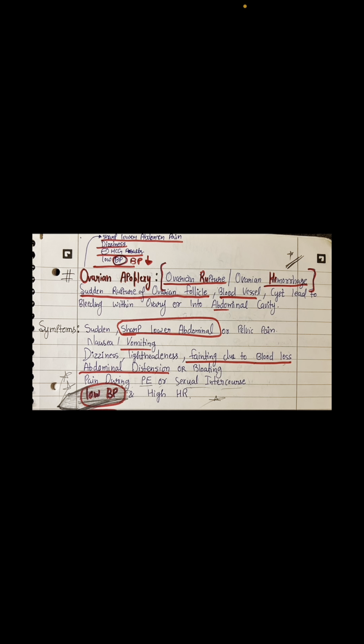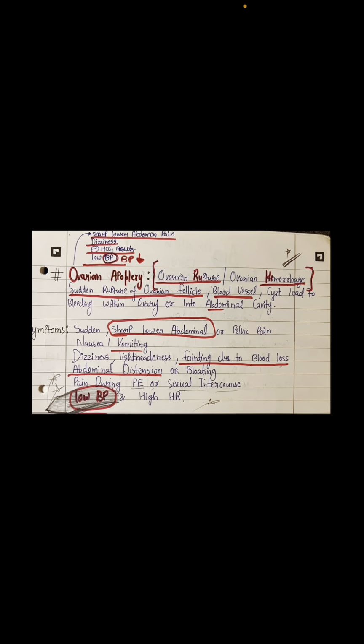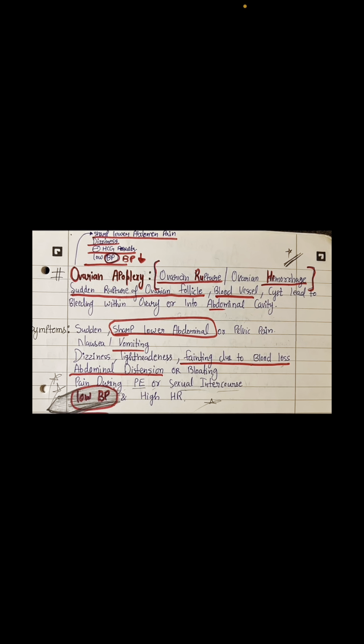Next is ovarian apoplexy. Ovarian apoplexy simply means ovarian rupture or ovarian hemorrhage. The sudden rupture of an ovarian follicle, blood vessel, or cyst can lead to bleeding within the ovary or into the abdominal cavity.